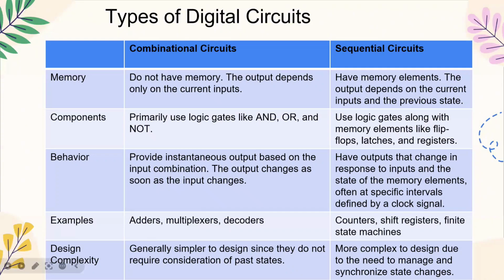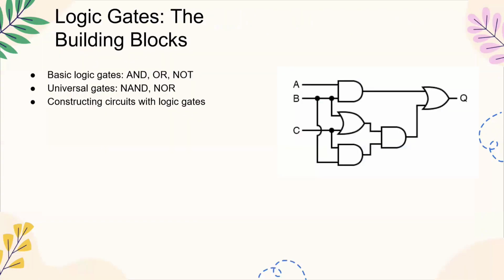Examples of sequential circuits are counters, shift registers, and finite state machines. In design complexity, combinational circuits are generally simpler to design since they do not require consideration of past states. Sequential circuits are more complex to design due to the need to manage and synchronize state machines.